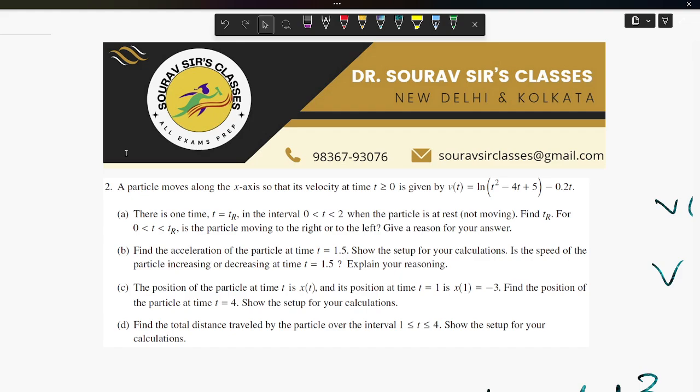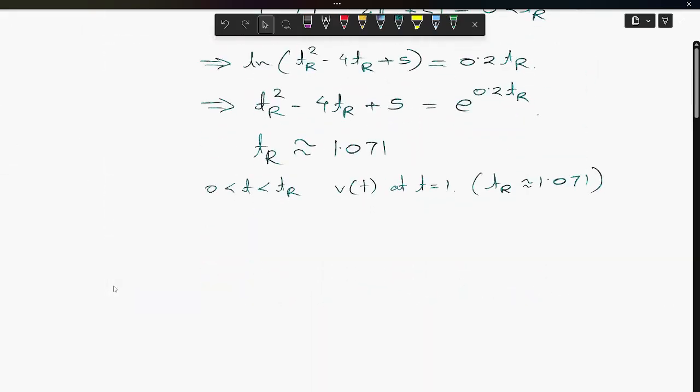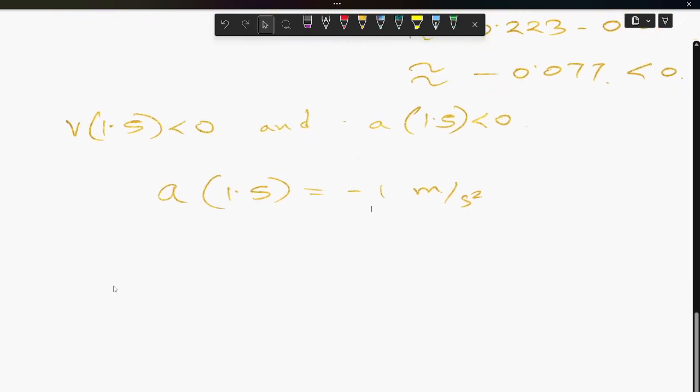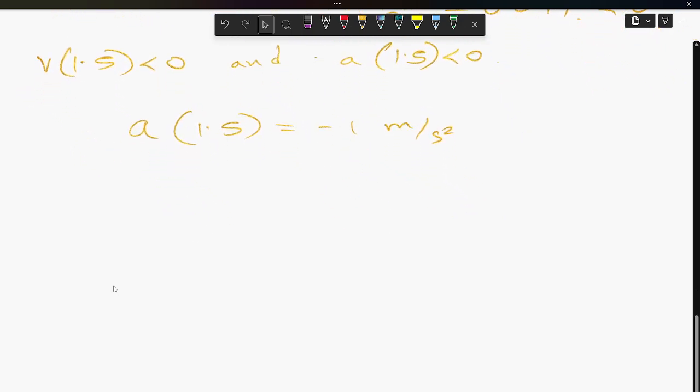Show the setup for your calculation. So we have to calculate x of 4. So we got x of 0 equals 2. Okay, so we have to find x of 4.